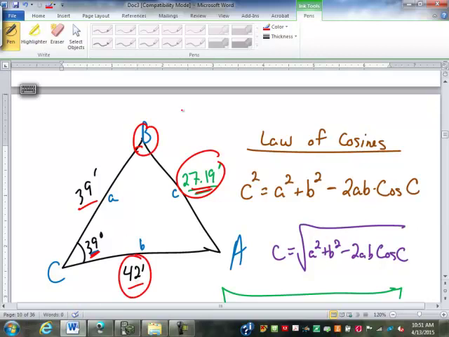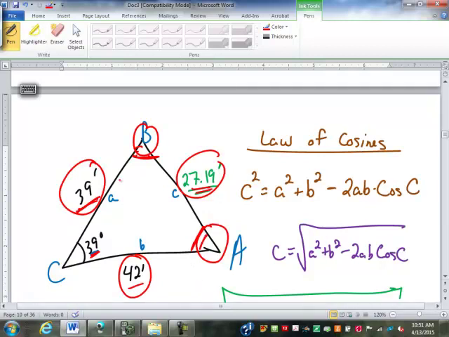We don't know whether it's obtuse or acute. We do know that there never is more than one obtuse angle, so we know that this angle has to be acute. Make sense? So if we just find this angle first, we can subtract from 180 to get this one, rather than finding that angle and deciding whether we have to adjust it for being obtuse or not. It saves us some mistakes. So always use the smaller of the two sides to find the smaller of the remaining angles first. You don't have to worry about it.